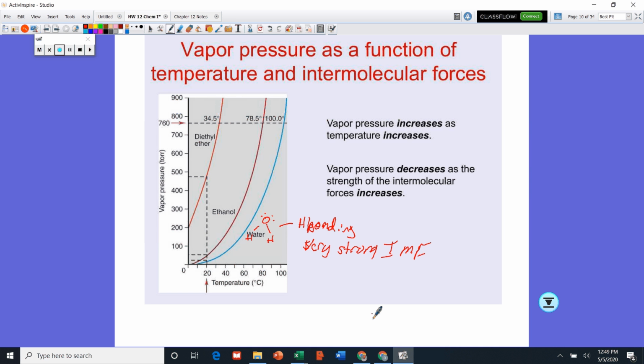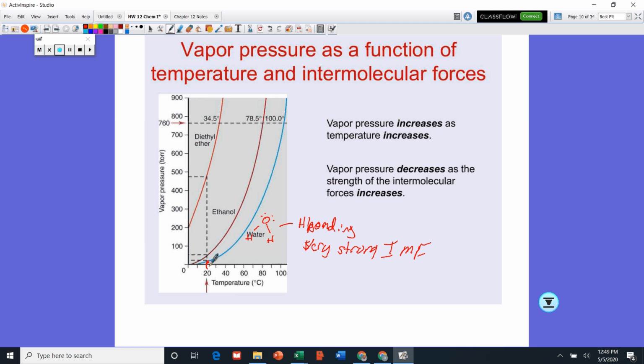All right. So what I want you to notice about this one, these numbers are vapor pressure, and these numbers are temperature. So we're going to look at the same temperature here at 20 degrees. Notice how low the vapor pressure is.